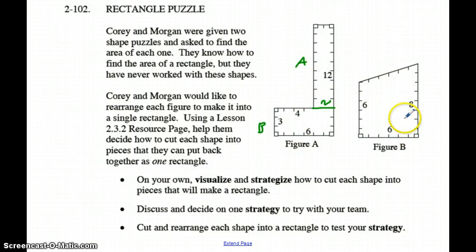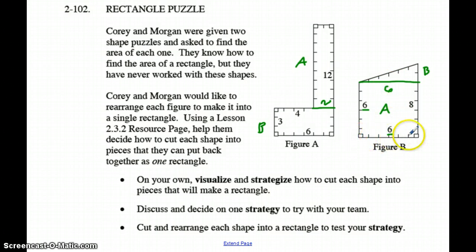Now for figure B, this is why we had to go through the triangle area formula as well. If we cut this figure and go straight across like this, we have a square, because it's 6 by 6. This would be our figure A, and then this would be the triangle. We'd call that B. Our base is going to be the same as the square down here, so the base is going to be 6.